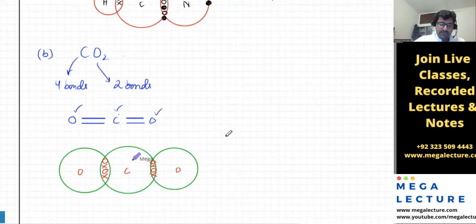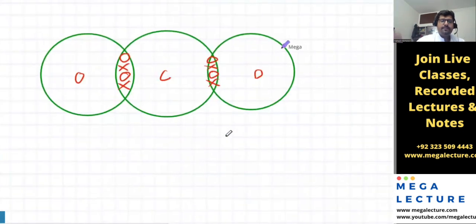Carbon, if you look around it, has 8 electrons. How many more electrons should I draw for oxygen? If you look around oxygen, how many electrons does it have? It's got 4 electrons, right? So it should have 8 electrons.